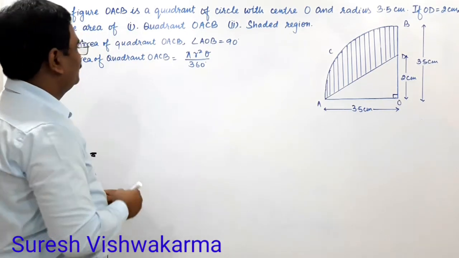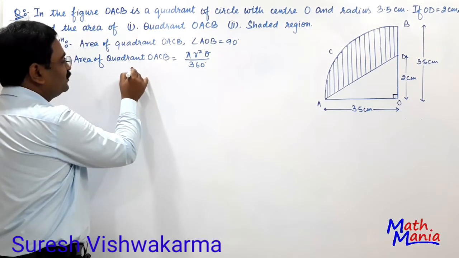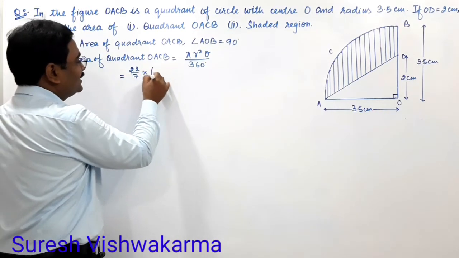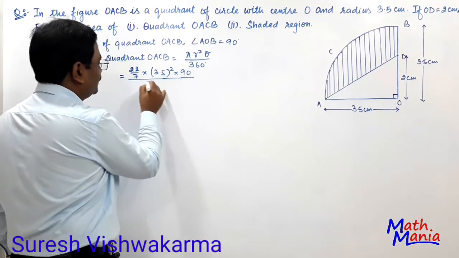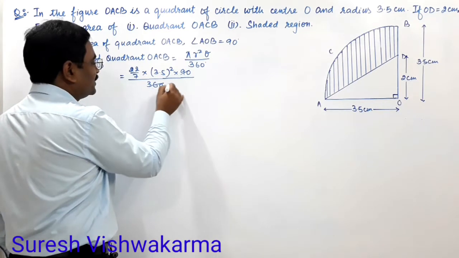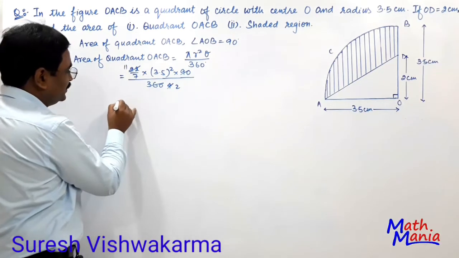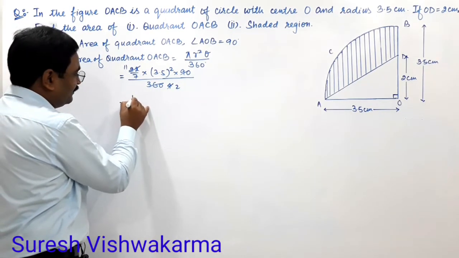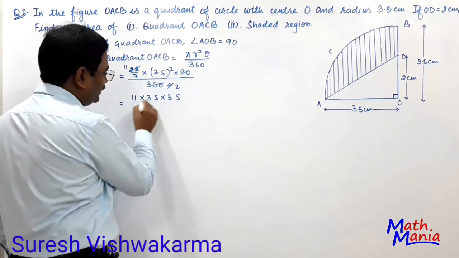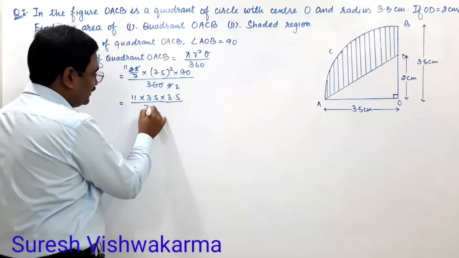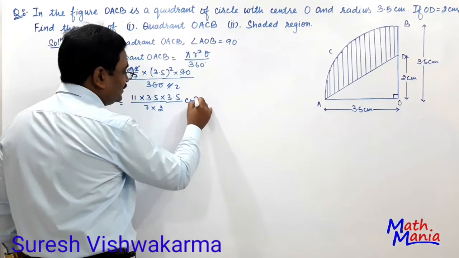So let us substitute all the values. Pi is 22 upon 7, r square is 3.5 square, theta is 90 degrees upon 360. So 9 4s are 36, 2 2s are 4, 2 11s are 22, you get now 11 into 3.5 into 3.5 divided by 7 multiplied by 2. So let us simplify, we will get our answer in centimeter square.